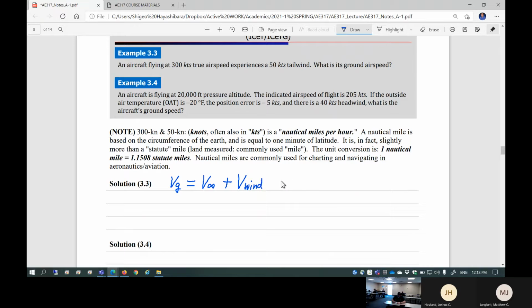So 300 knots, plus or minus? Plus, because it's a tailwind, okay? If it's a headwind, you are going to subtract it. So this is 350 knots. That's it, very simple. Next question.